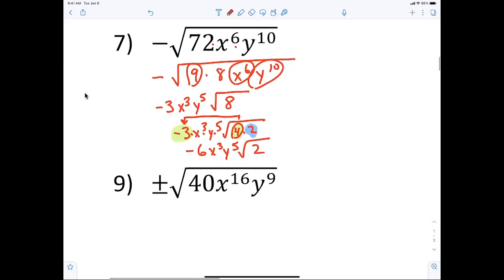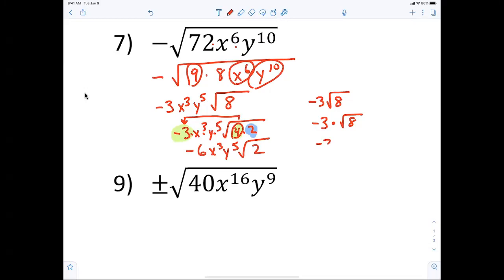Here's what you're asking me. I'm just going to leave the variables out. -3 radical 8. This means -3 times the square root of 8. Do you agree with that? Right?